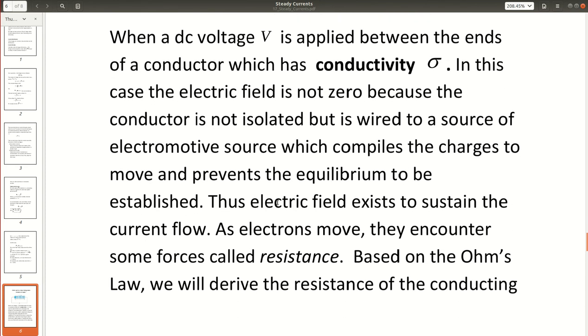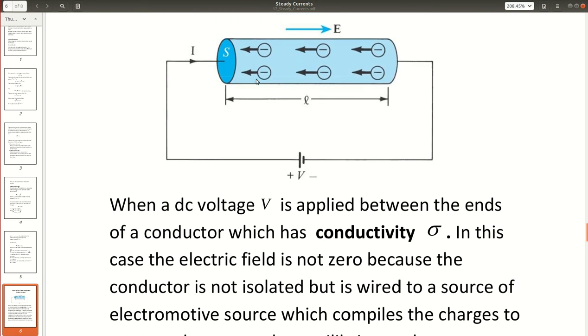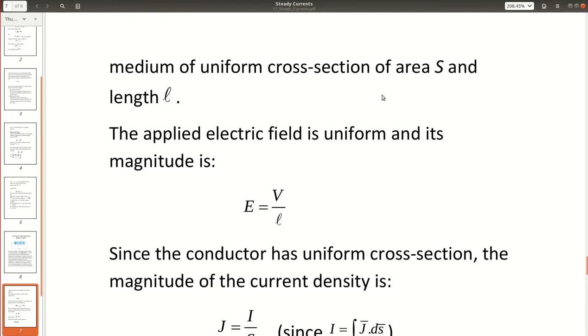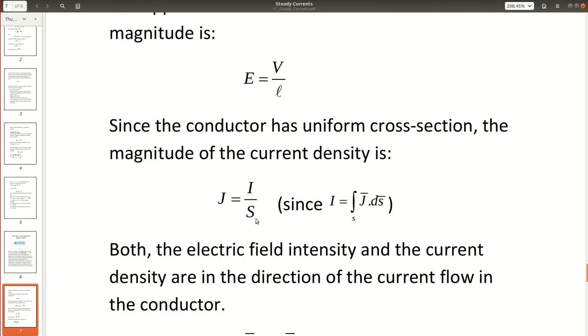So an electric field will exist, and as the electrons move they will encounter some resistance. Resistance depends on the cross-section area S and the length of the conductor. Here E is equal to V over L, the potential over the length, and J is I over S.